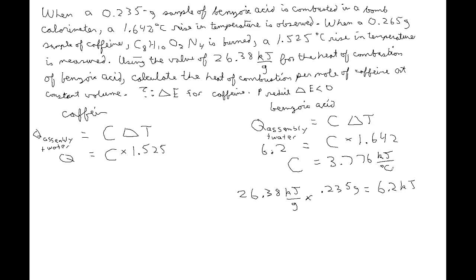Now we can plug that into the other equation. Q for the assembly is equal to C delta T for caffeine, so Q is equal to 3.776 times 1.525. Degrees Celsius cancel out and we're left with kilojoules, so that is 5.7584 kilojoules.